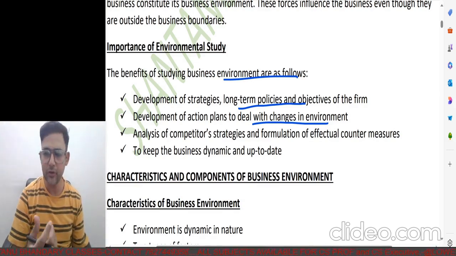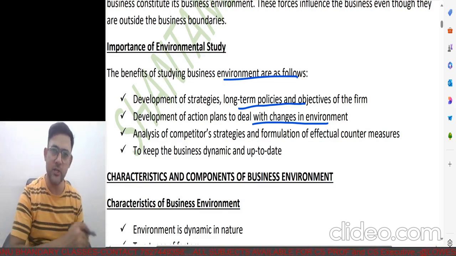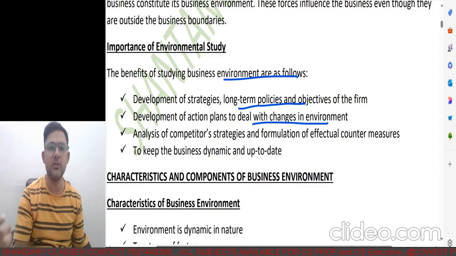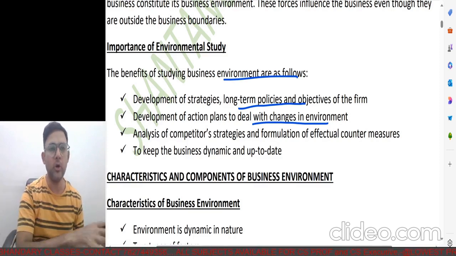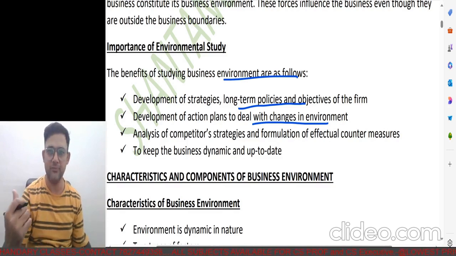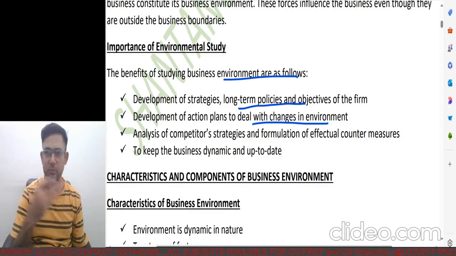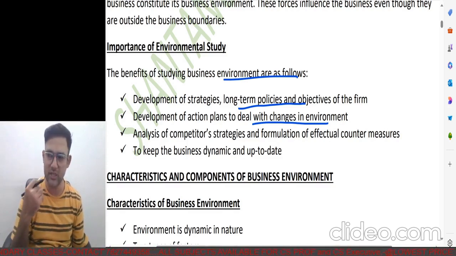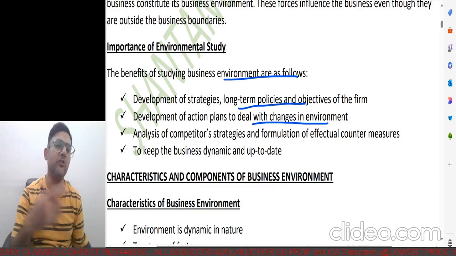If you see, Pepsi launched Pepsi, Coca-Cola launched Coca-Cola, both black drinks. Then one launched Sprite, the other launched Mountain Dew. Then one launched Mirinda, the other launched Fanta, which is an orange flavored drink. So I don't think there will be even one drink that one company is offering while the other is not.